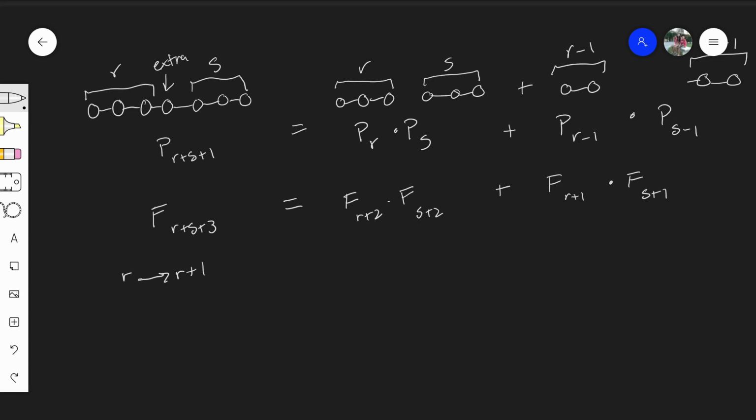Let's substitute R minus 1 for R and S minus 1 for S. So our final identity becomes the R plus S plus 1 Fibonacci number is equal to the R plus 1 times the S plus 1 Fibonacci number plus the R Fibonacci number times the S Fibonacci number.